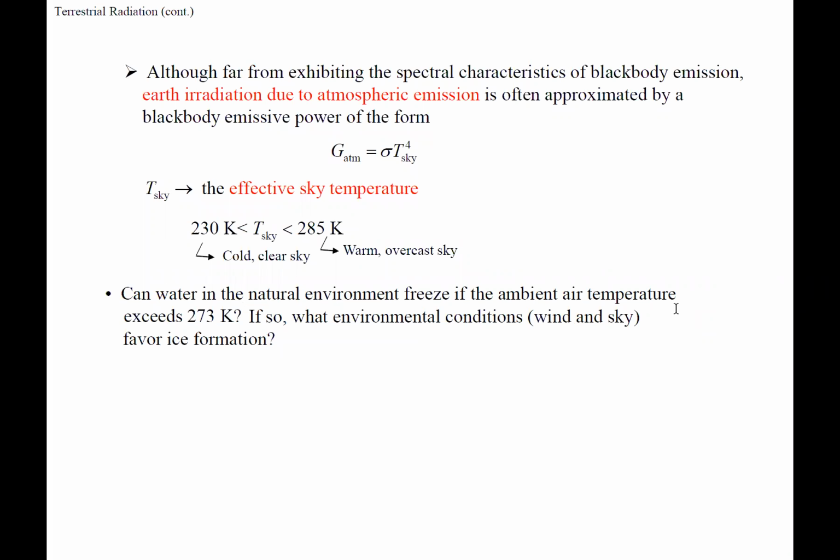We've already done this where we approximated the atmosphere as a black body emission. So when we were looking at E earlier on, we had the surface temperature to the fourth, but then we had the sky temperature to the fourth.